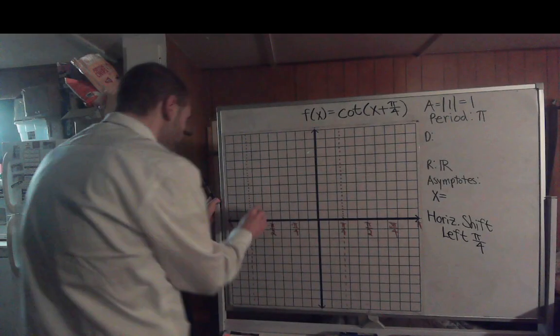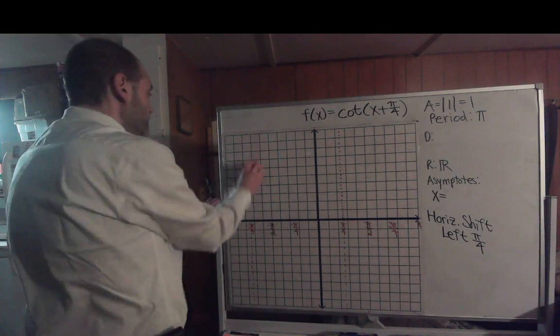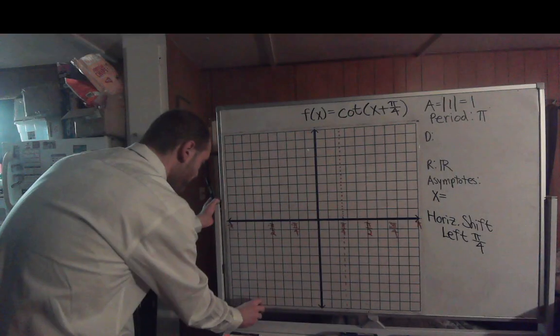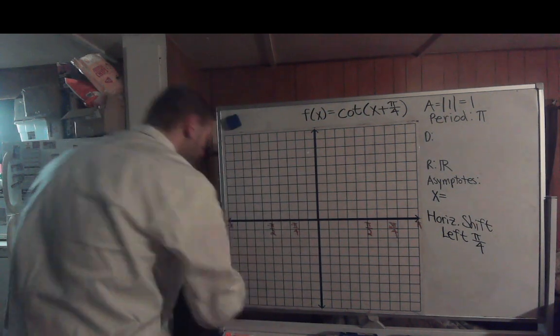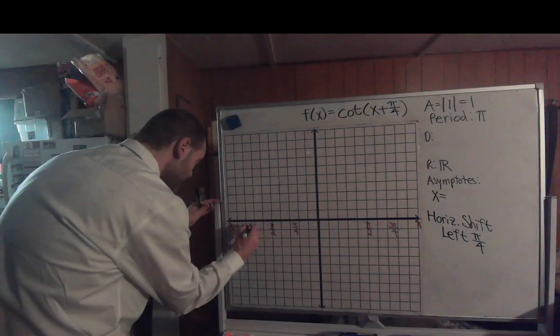I made a blunder here. Just a second. Yes, it's true we shifted left pi over 4, but what does that really mean? That still hasn't changed, but I realize what I just did here. Alright, just got to label 2 more points then. There's your pi over 4.